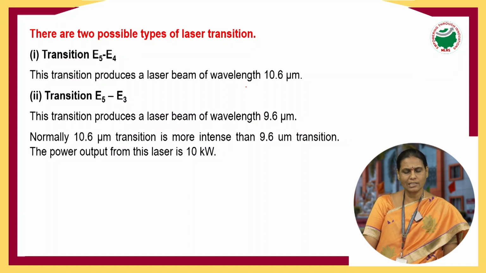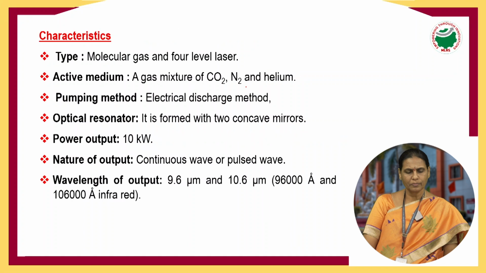By using this gas laser we can cut them. So finally here two types of outputs are produced, one from E5 to E4 at 10.6 micrometers and one from E5 to E3 at 9.6 micrometers.